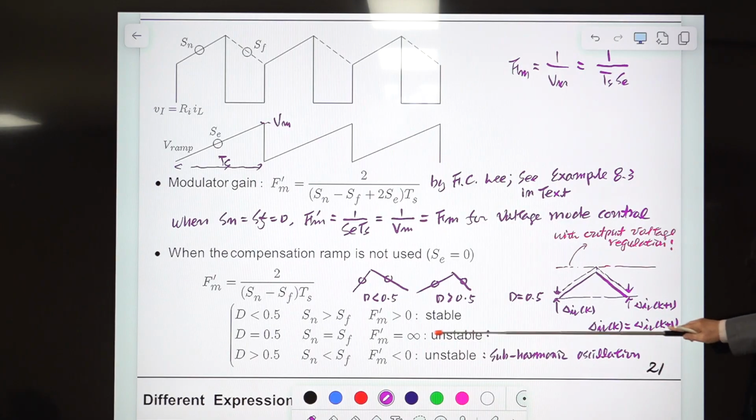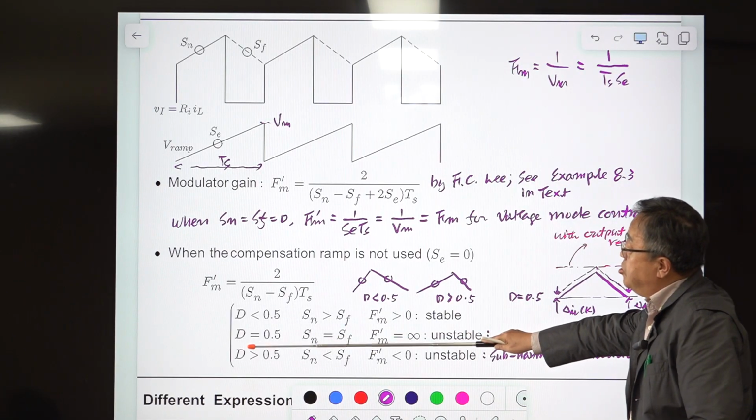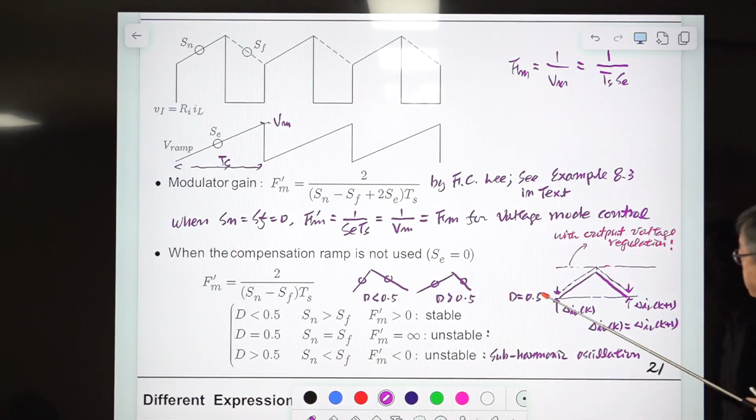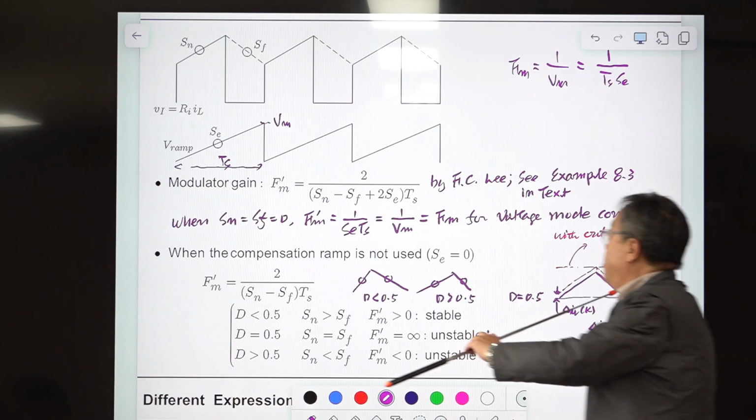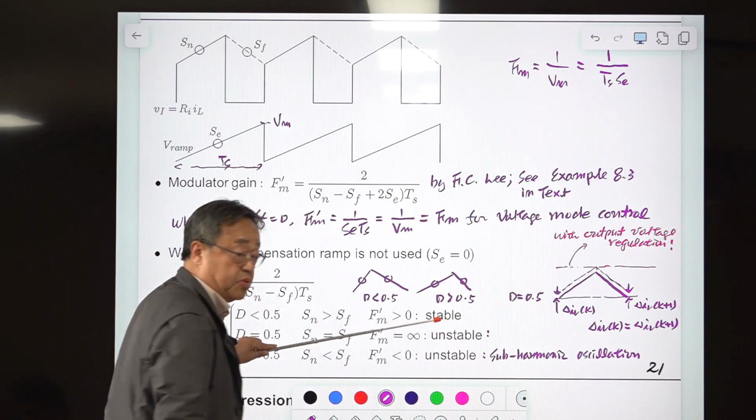This is the case when D is 0.5, and the waveform is shown here. Consider this is the original waveform. Then this slope should be the same regardless of the type of converter. So this slope and this slope are the same. Then this becomes infinity: FM prime becomes infinity.